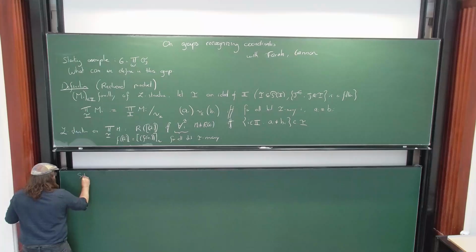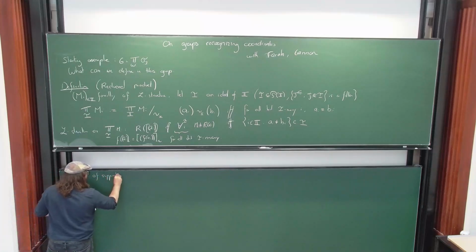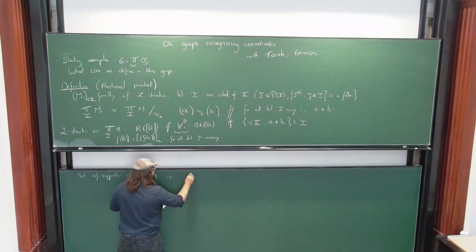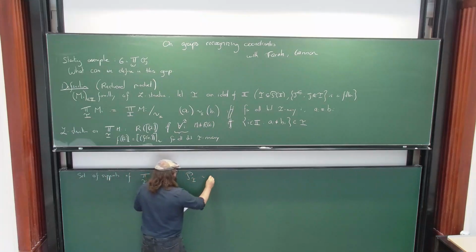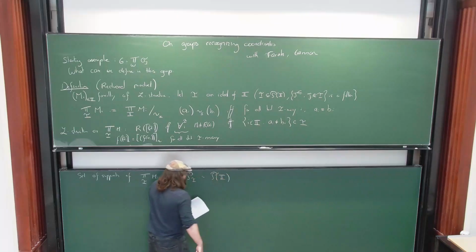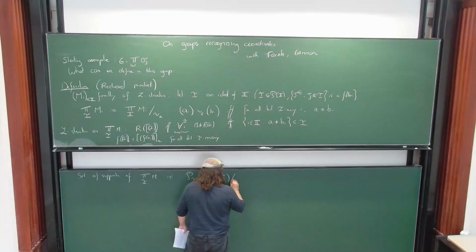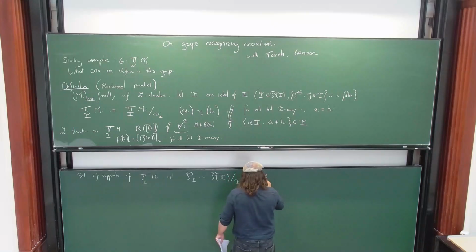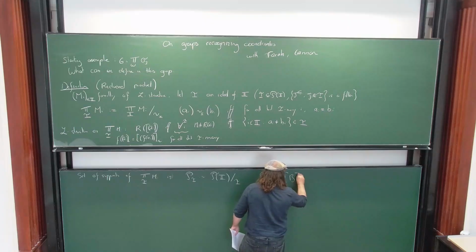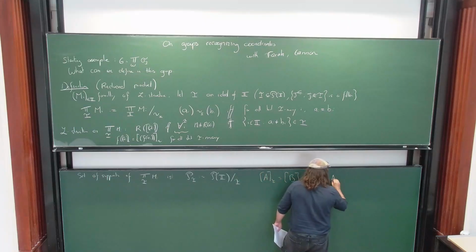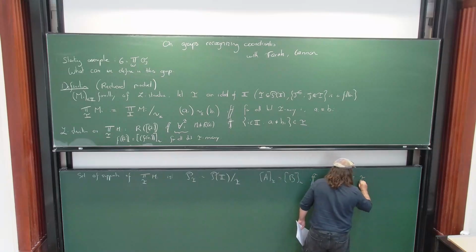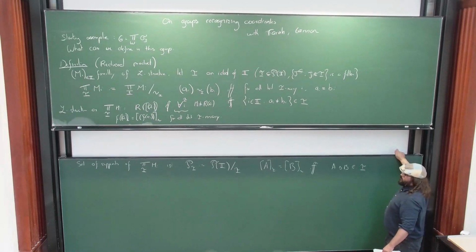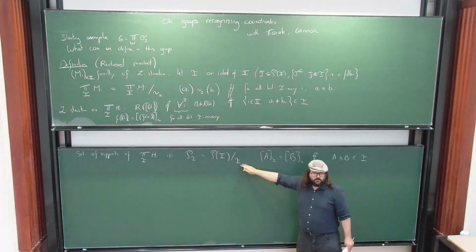So the set of supports of the reduced product is what I denote P(I)/𝓘, just the quotient of the subsets of I by the relation: A is equal to B if and only if the symmetric difference of A and B is negligible. And this is my set of indices for this reduced product.